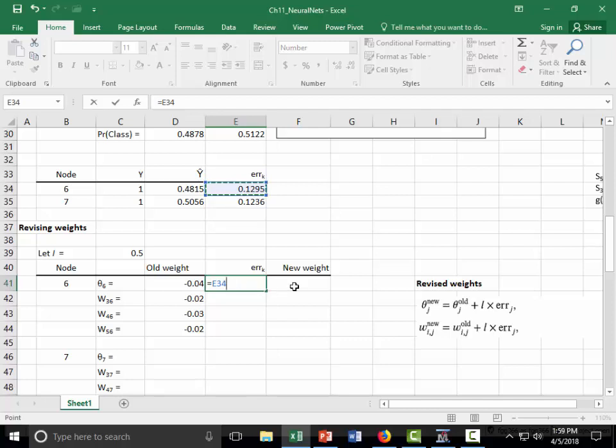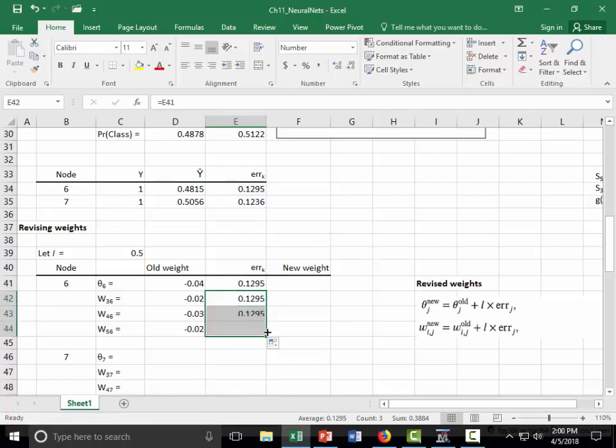Well, we can set this up differently, I guess. So we need to find that L times error. So we could have probably done L times error right here and then done the weights. Okay, so this is the same error for node 6. All of these weights are for node 6, right?